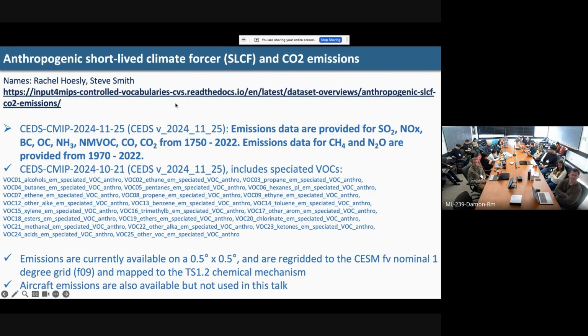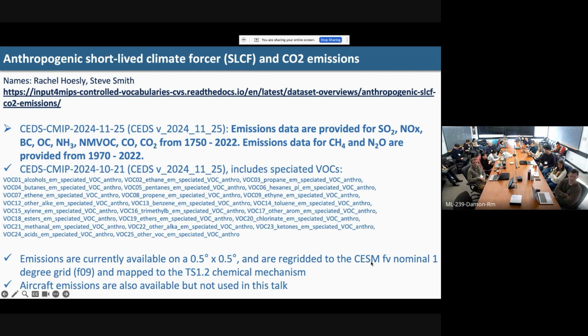So here's the slide from the website. The CEDS emissions are available at a half degree. They have different lists, so here for the main pollutants and then VOCs that are speciated, which is greatly appreciated for chemistry.